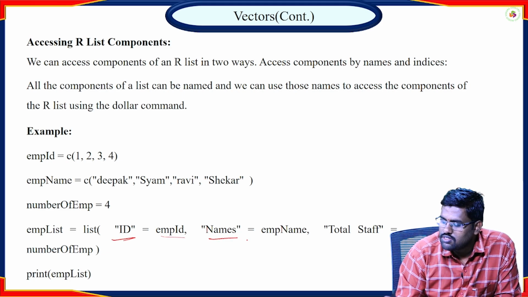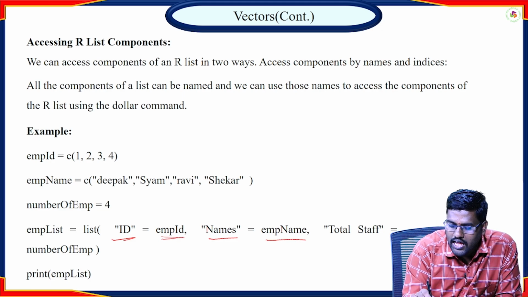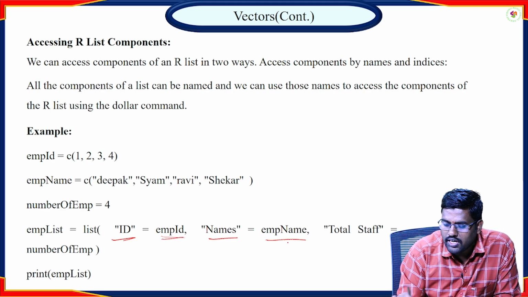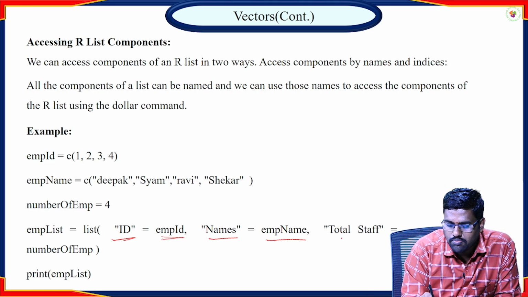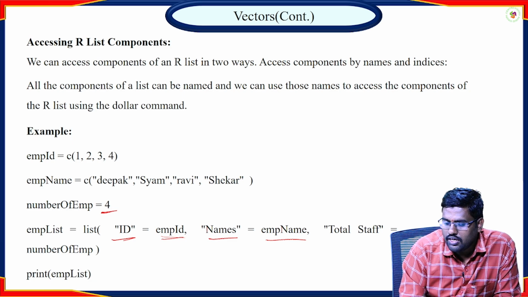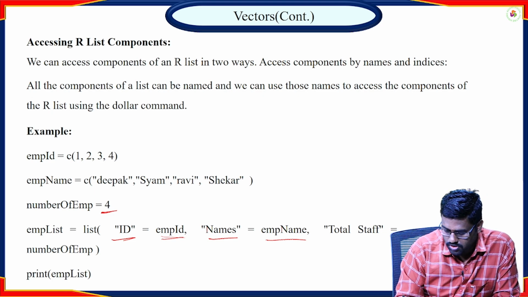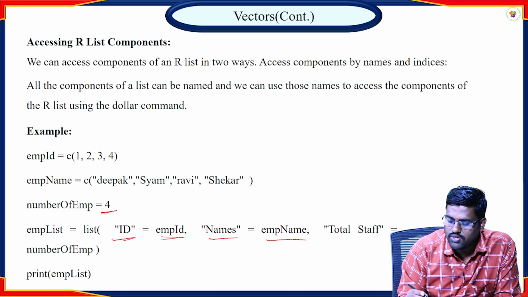This employee ID contains the values 1, 2, 3, 4, and the employee name contains the values Deepak to Shekhar. And the total staff, number of employees, count is 4. So if I want to print the employee list, they need to print ID equal to 1, 2, 3, 4, names these values, and number of employees is 4. So see the output for this one.